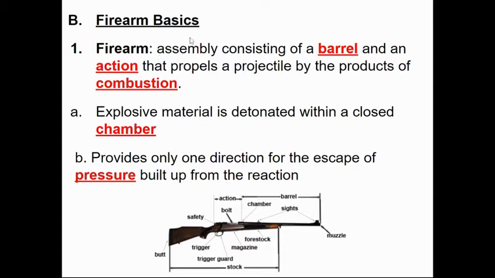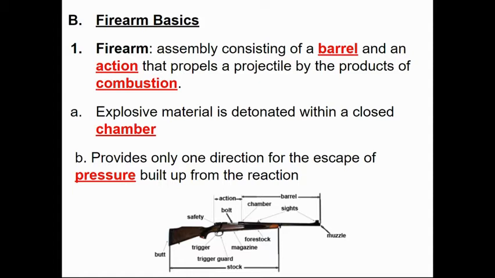So, what's an assembly? It's putting all the parts together, right? So, one part of it would be the barrel. That's the hollow pipe that the ammunition is going to be fired through. An action is the type of mechanism that is really going to fire the bullet.